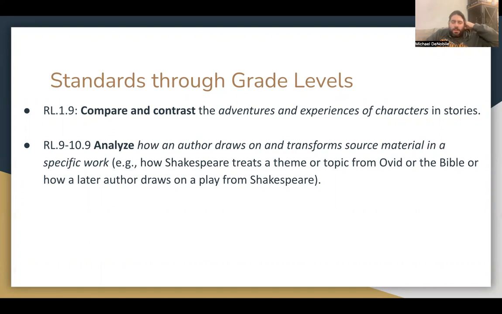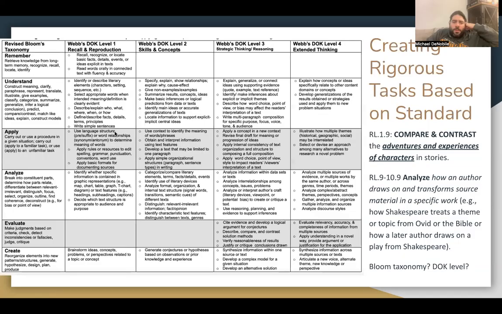How can we create questions and tasks using these standards, unpack them, and then use the Hess Rigor Matrix in order to create those tasks and questions? Here's how we do it. So unpacking this is telling us for first grade, the standard is to compare and contrast the adventures and experiences of characters and stories.